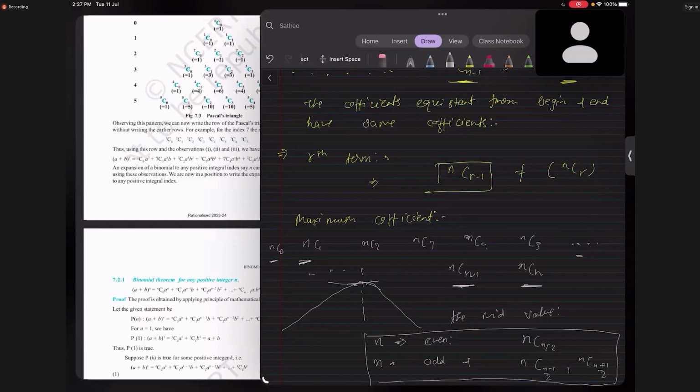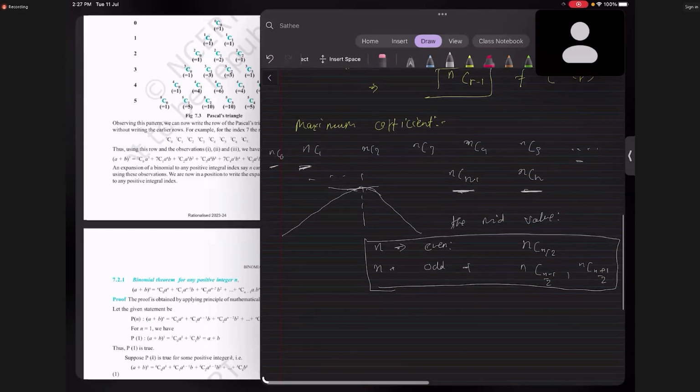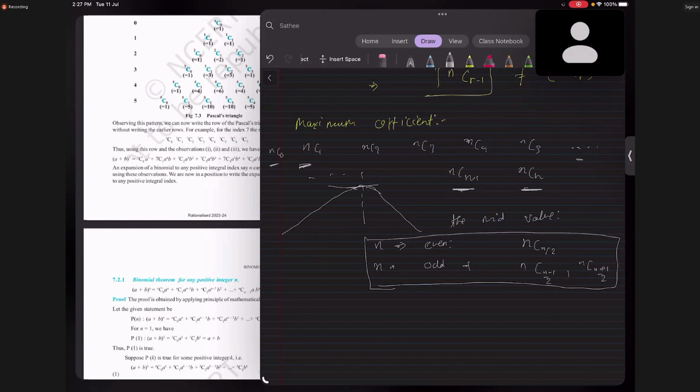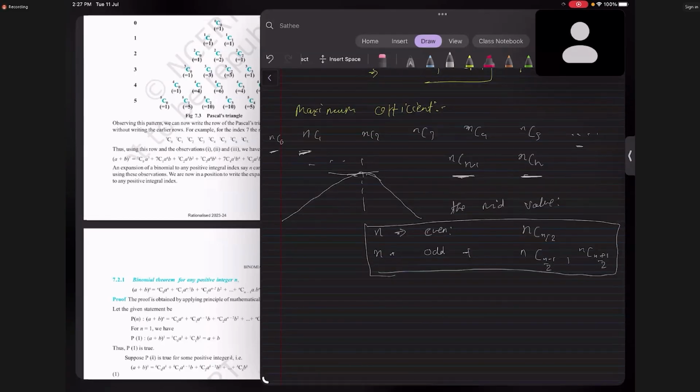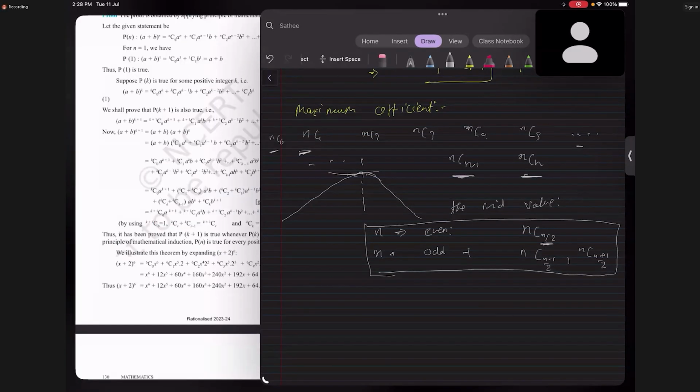Okay, so this is also an important thing that you will need to keep in mind while doing the exercises and problems related to binomial theorem. This is something that we also studied in the combinations chapter, that the maximum value of the coefficient occurs when r is numerically half of the total value. Okay, so these are the things.